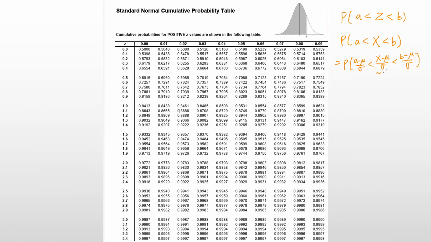Once you standardize it, it becomes Z. So it is the probability of Z less than B minus mu over sigma and greater than A minus mu over sigma. By the way, sometimes people use phi for the CDF of the standard normal distribution. So there will be phi of B minus mu over sigma minus phi of A minus mu over sigma.